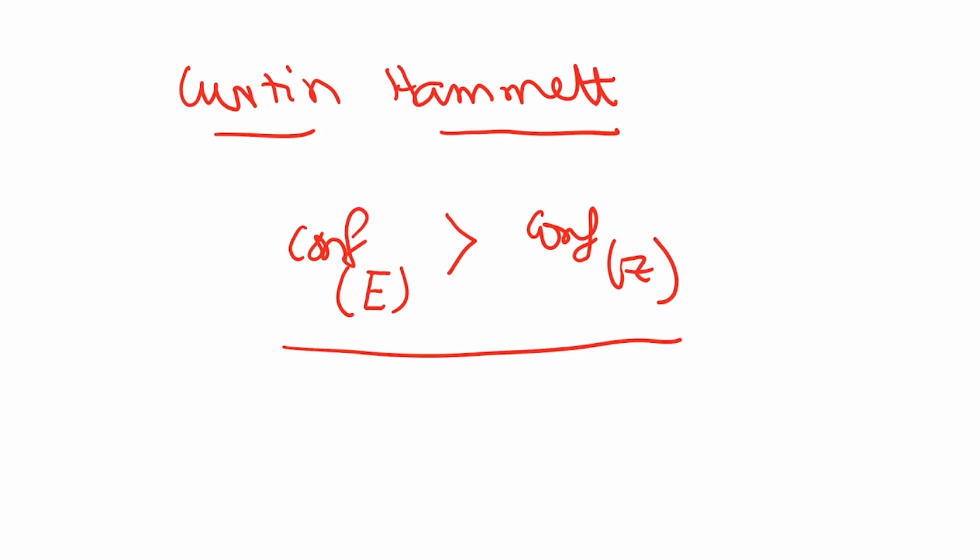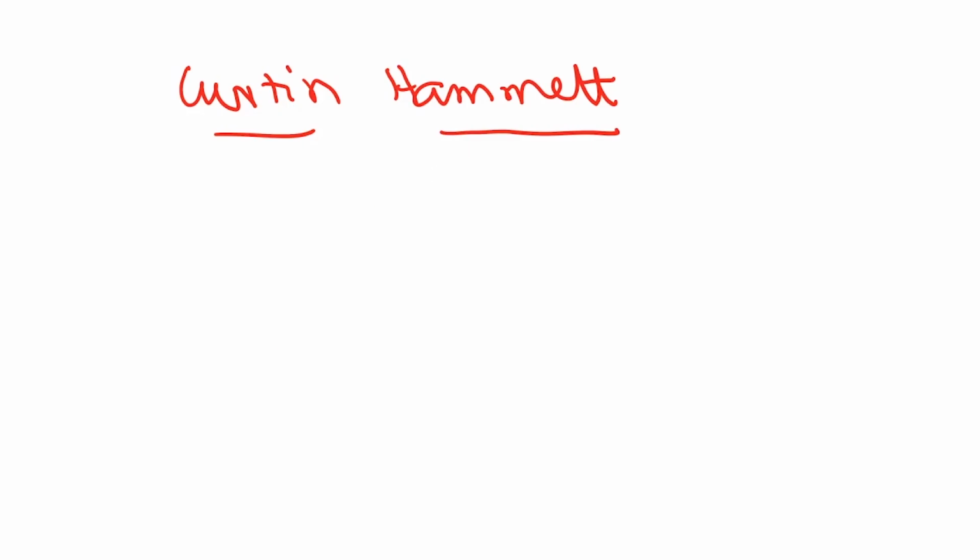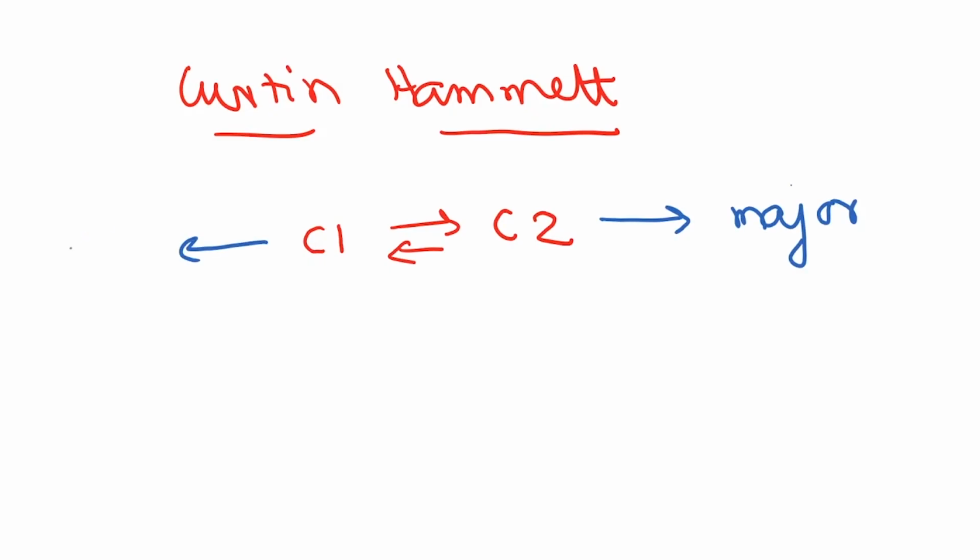Okay, so this helps us develop the framework to understand the difference in the carbonyl chemistry example that we looked at. So I'm just going to summarize this by drawing some rate constants over here. So when you have the conformation 1 in equilibrium with conformation 2, okay, and conformation 2 gives you the major product, and conformation 1 gives you the minor product.